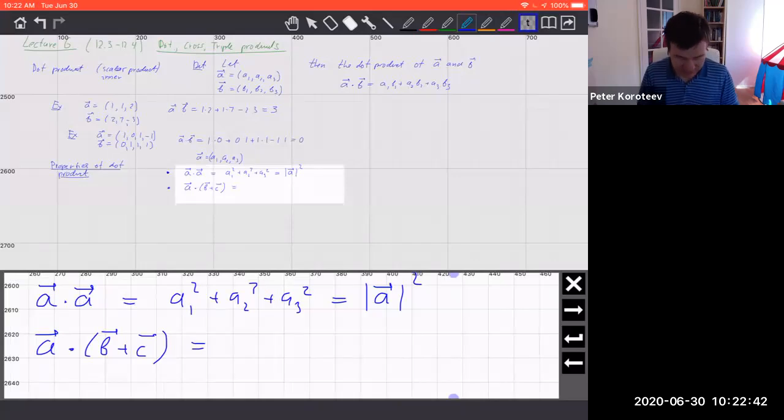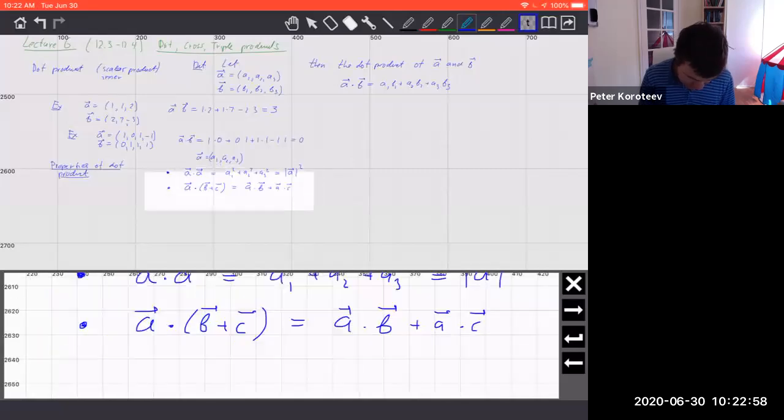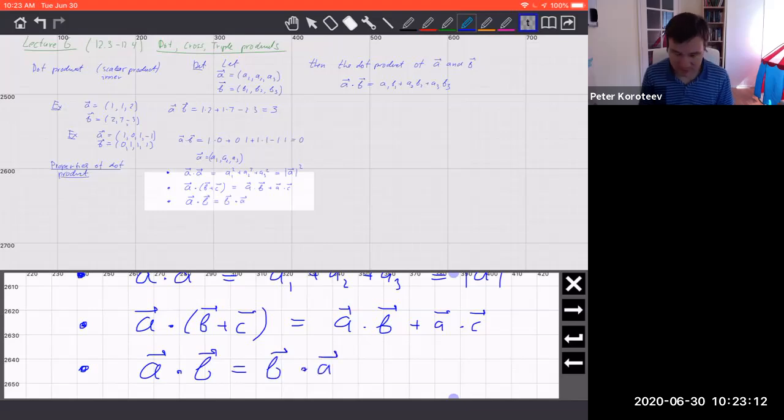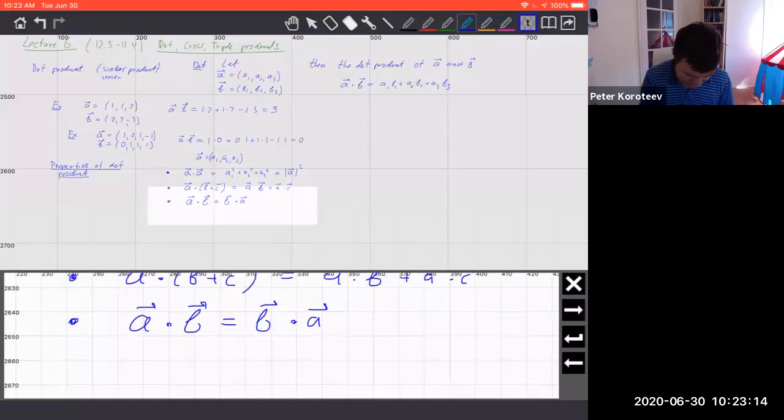Because you just take the product of components, you can just do it like this: A dot B plus C is equal to A dot B plus A dot C. Then of course it's commutative, so A dot B is equal to B dot A. Again, it follows directly from the definition.